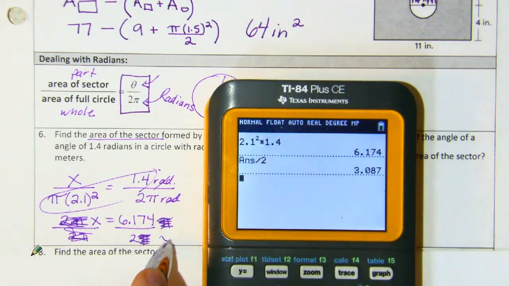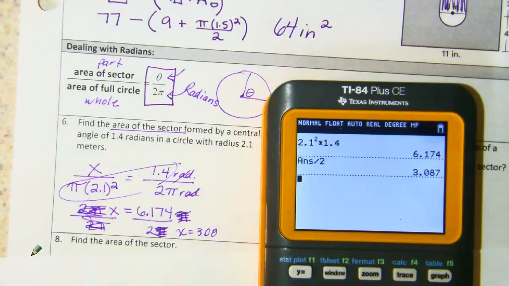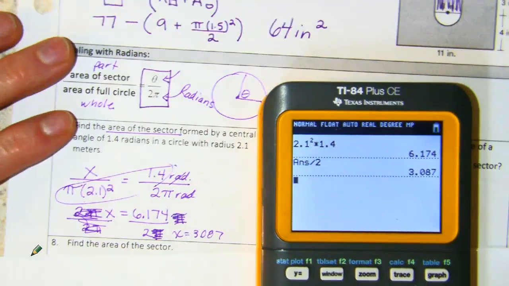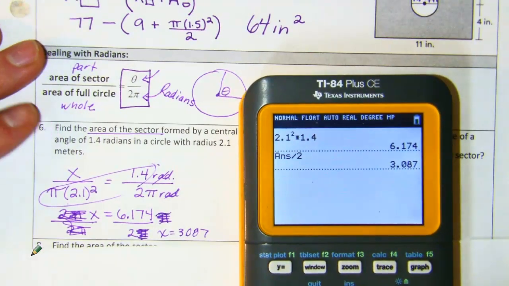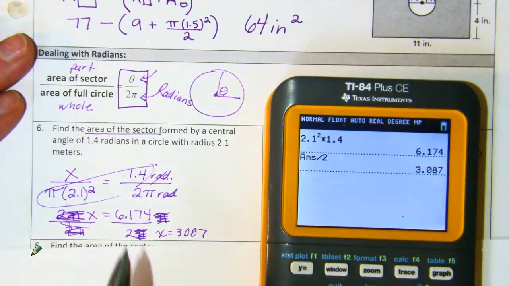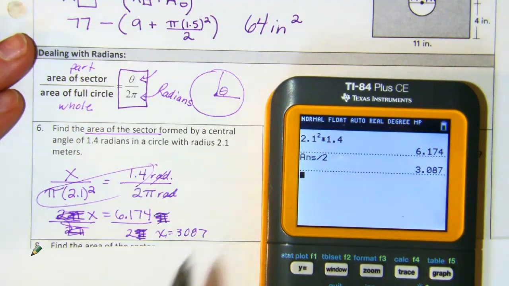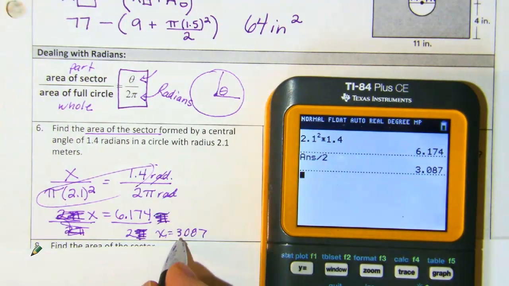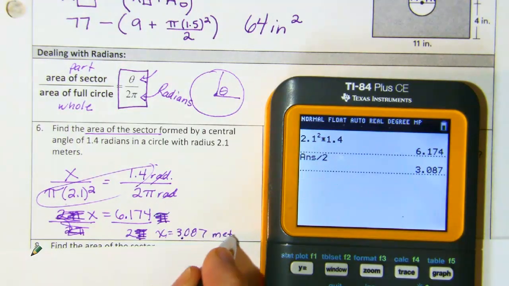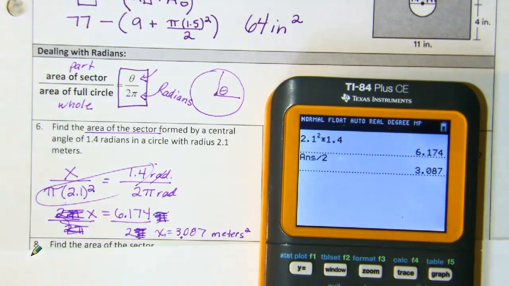Now the calculator will of course do the pi's for you, but if you're using a calculator that's not very easy to use, that's a little trick you can use. So the area of the sector with this information would be about 3.087 square meters. So it's the same thing, it's just dealing with the radian.